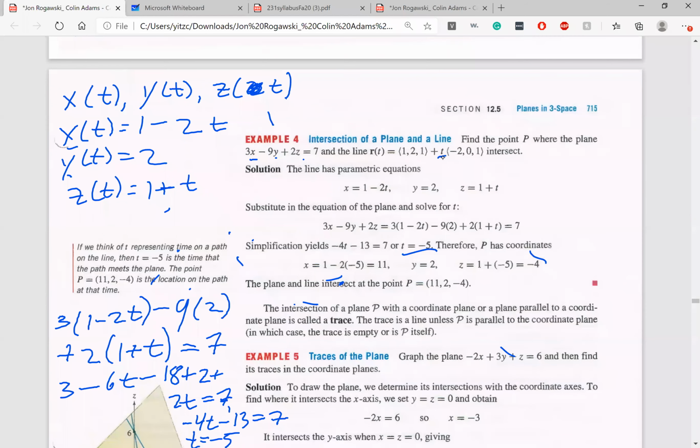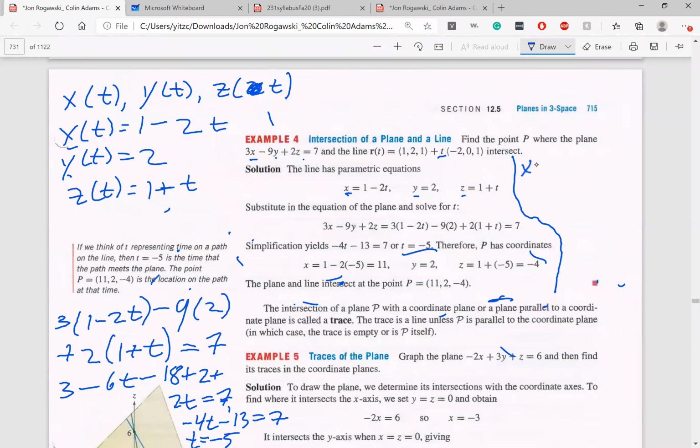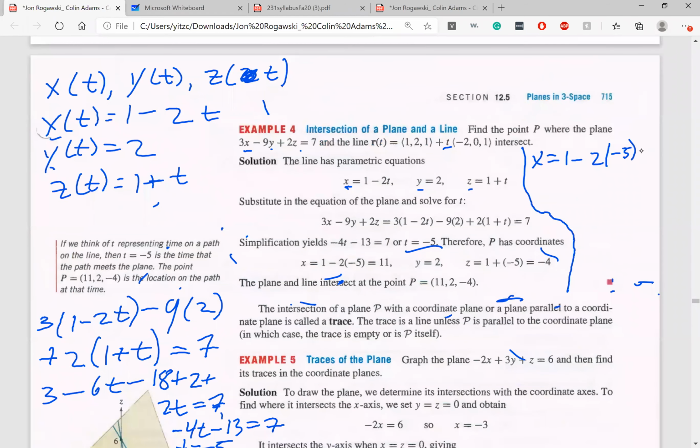So if we now want to figure out what point that is, we just need to plug our -5 into the x, the y, and the z. So that's the next thing you do. When you plug it into x, you get x is equal to 1 minus 2 times -5, and this is equal to 11.